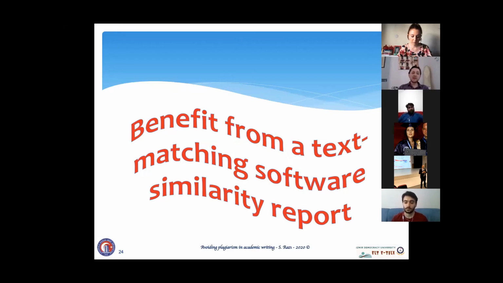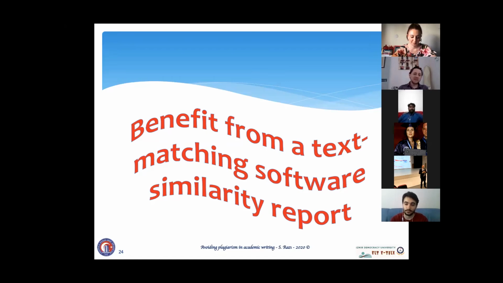So before they submit on Turnitin, for example, they copy their assignment onto a free text matching software on the internet and try to check. I strongly discourage my students from doing it, because many of these free e-tools are not reliable sources.